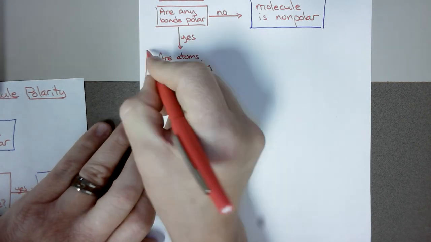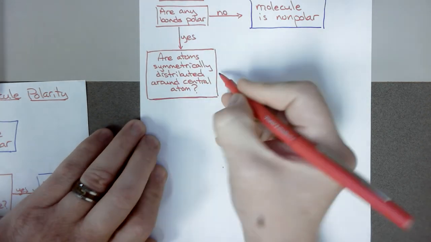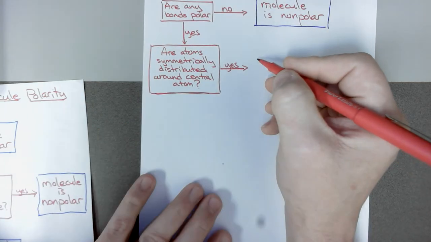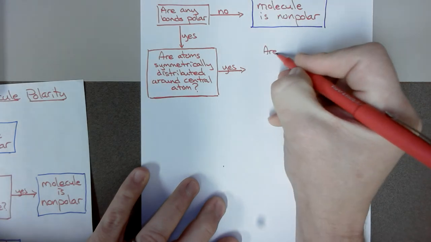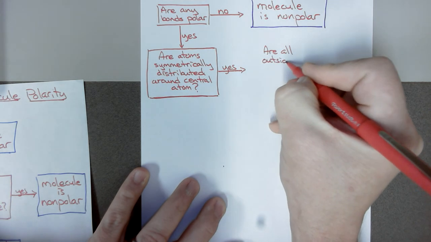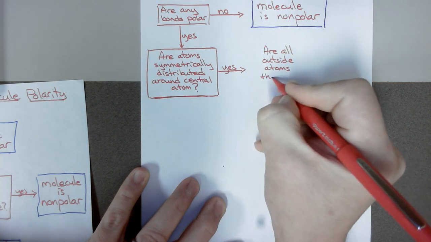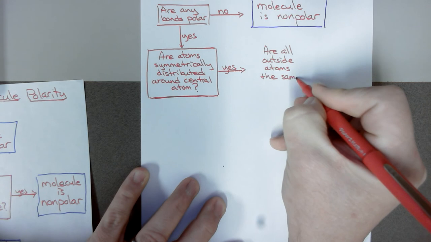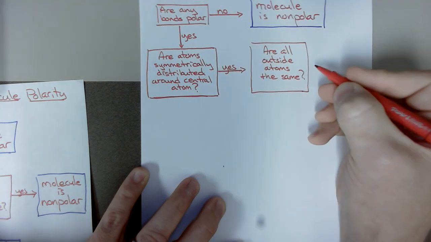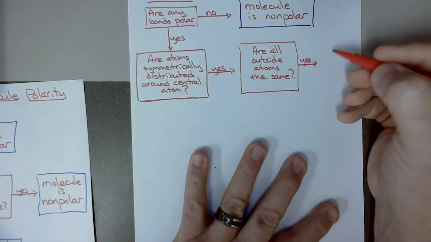If we have polar bonds, are the atoms symmetrically distributed? If the answer is yes, then the next question is, are all outside atoms the same? If the answer is yes, they are all the same, then the molecule is nonpolar.